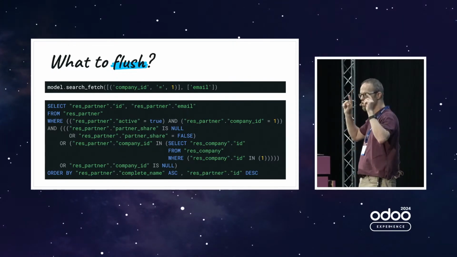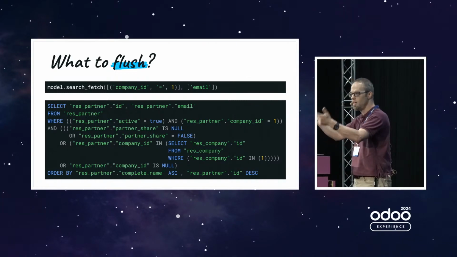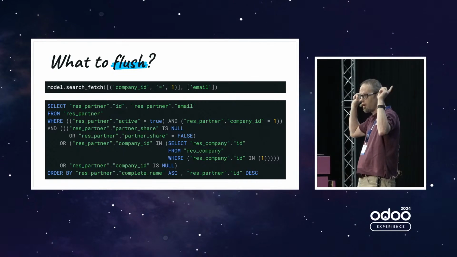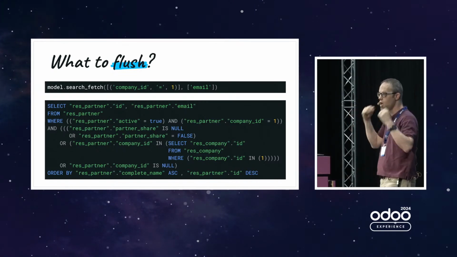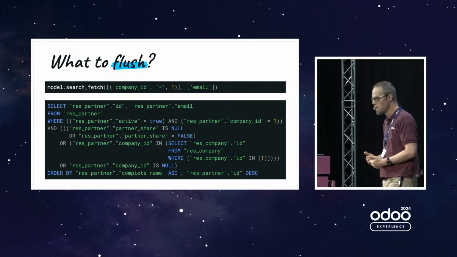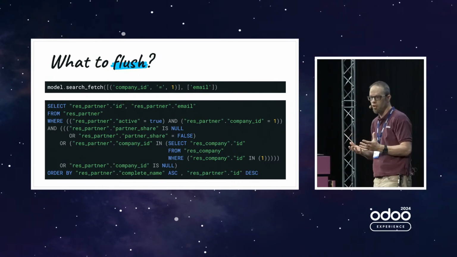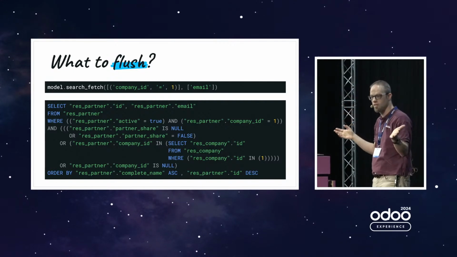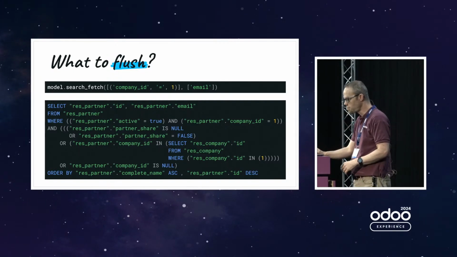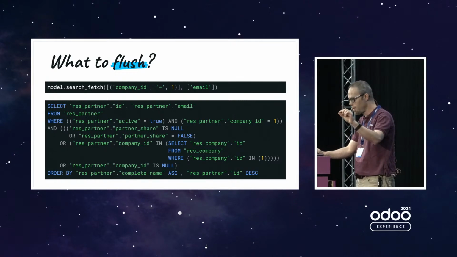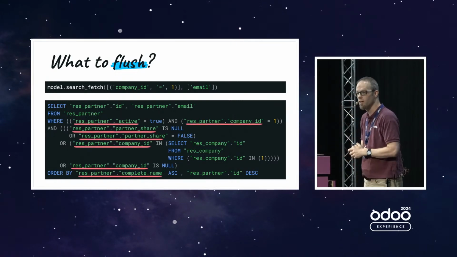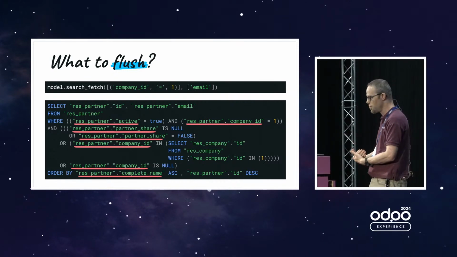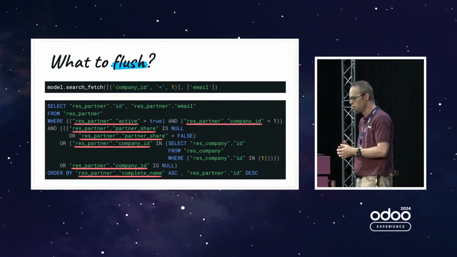In fact, it's not what you should think about, it's even what the ORM has to deal with. So at the ORM level, the question we ask ourselves is, what do we need to flush? Basically, we need to flush every field that appears somewhere in this query. And I'm going to underline the ones that must be up to date, otherwise they change the result of the SQL query.